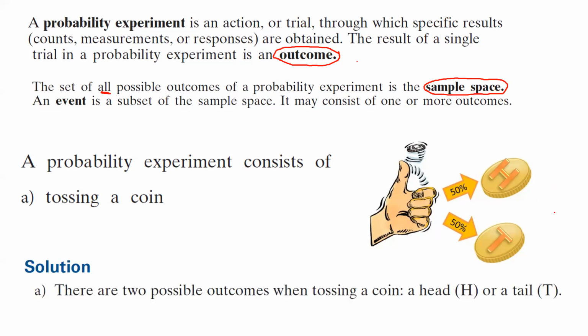So you end up with a sample space including head or tail. Each one of these counts as an event. So if I ask you to find the probability of head, you're going to say that it is 50%. 1 divided by 2, one event divided by 2 events, is a half or 50%.